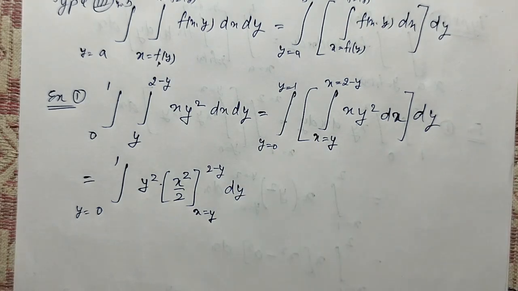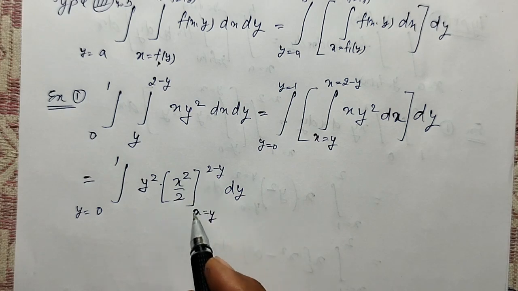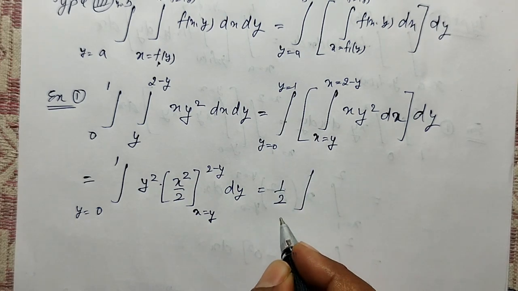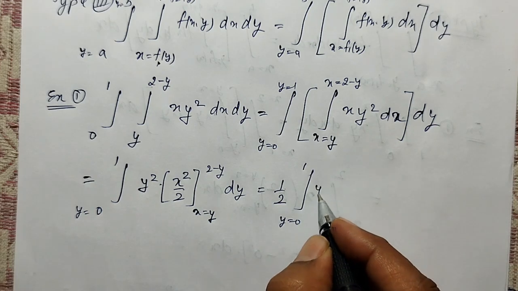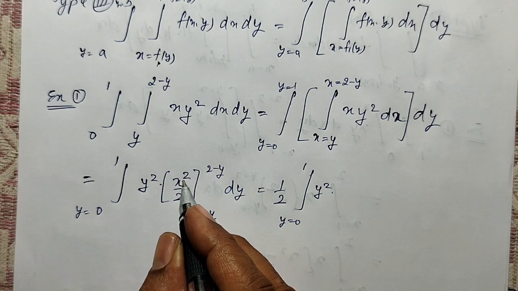This dy I will keep as it is. This integration is upper limit minus lower limit, and the constant I will write outside: 1 by 2 integration from y equal to 0 to y equal to 1, and y square as it is, not integrated, x square is remaining, correct?